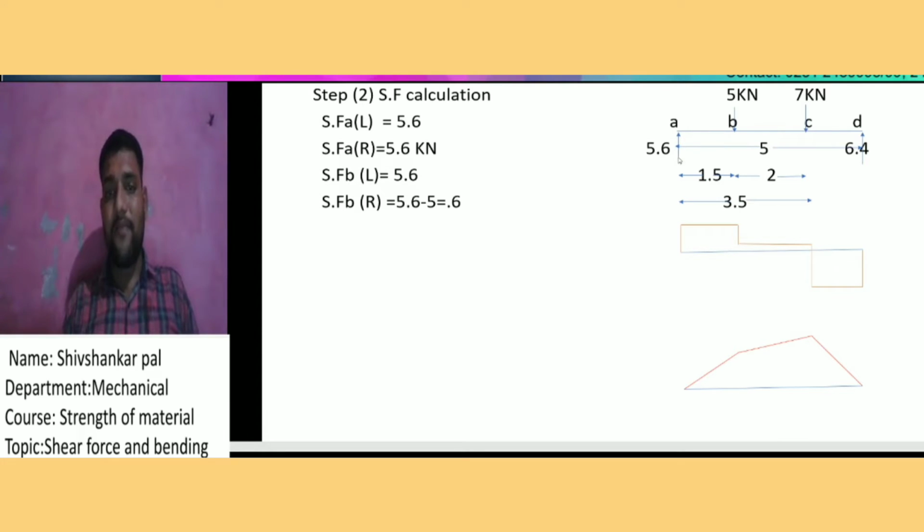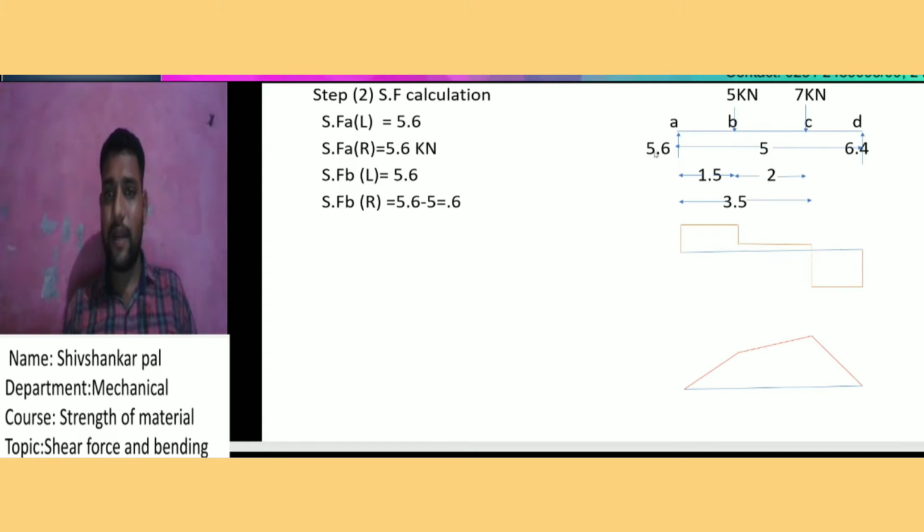Imagine, in the previous session, RA is equal to 5.6 and RB is equal to 6.4. Here I am naming the points: this is A, here are B, C and D, sorry for that. Here imagine that is A, here is B, and RB, that is Ry, is equal to 6.4, and the other reaction is 5.6, with 1.5 meter and 2 meter.